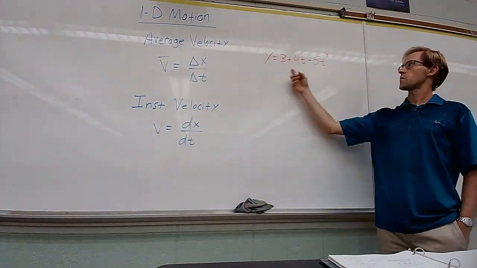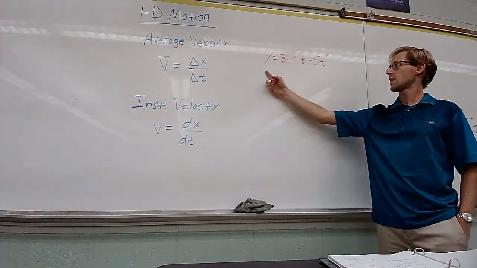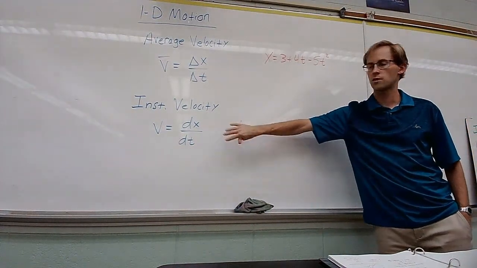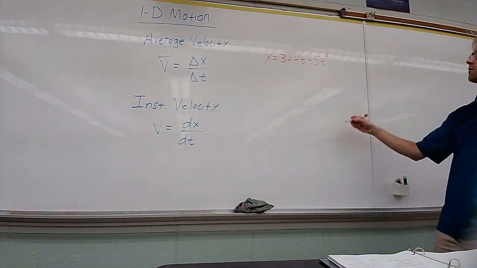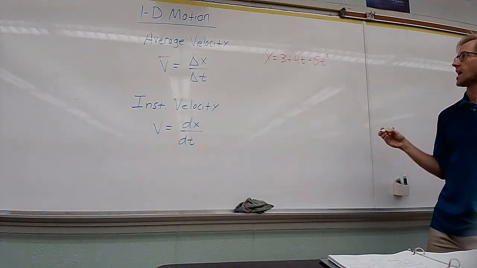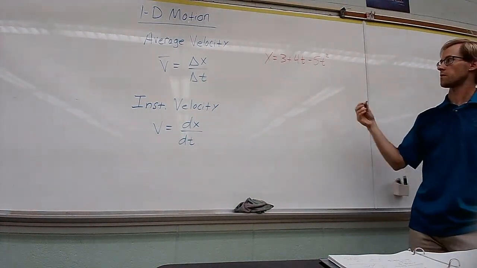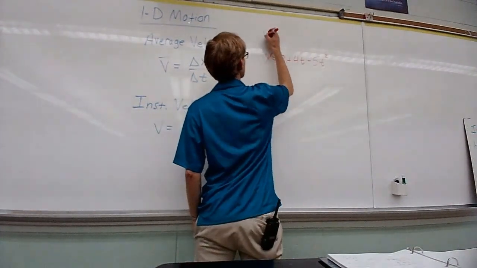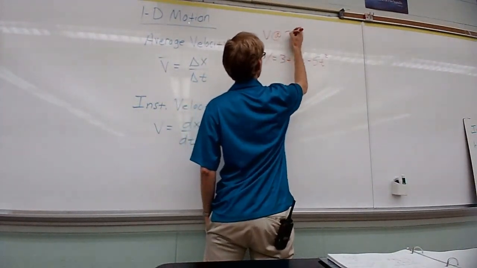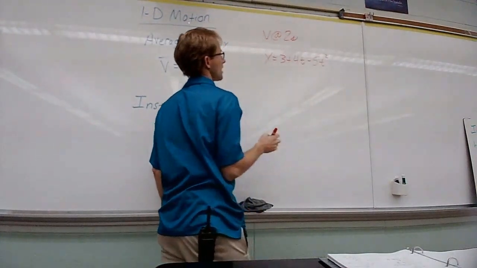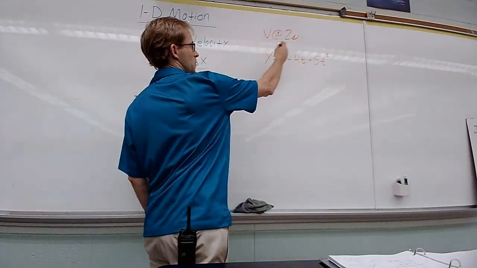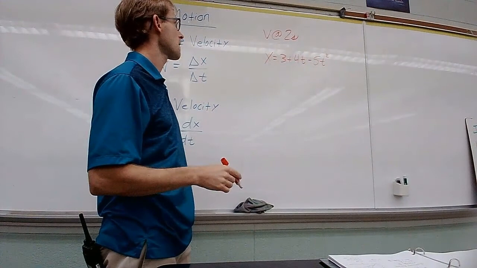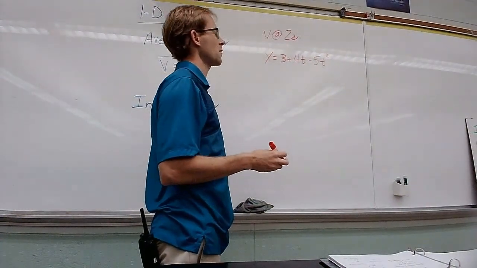So let's say we have a position function like this, and this is where your instantaneous velocity might come into play. Maybe you want to figure out what the velocity is at 2 seconds. What's the velocity at 2 seconds if your position is described this way? Well, not quite yet, that would tell you where you are.